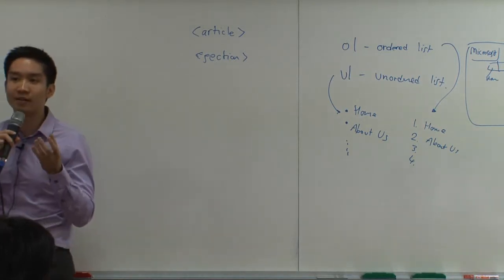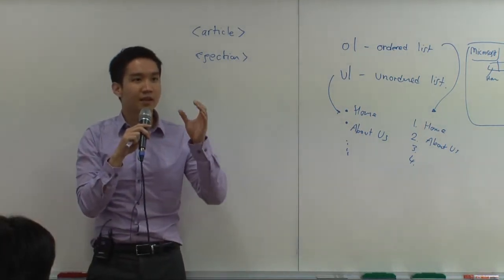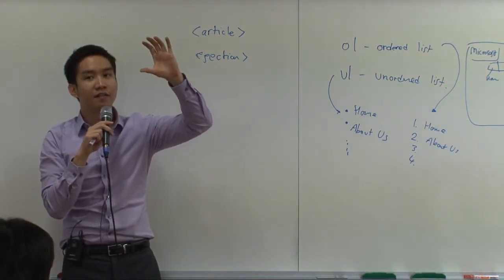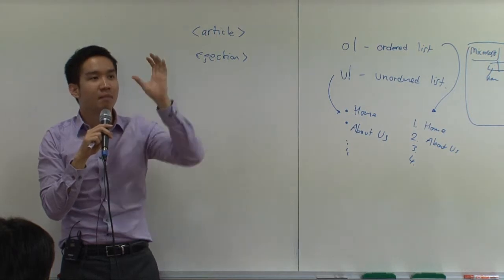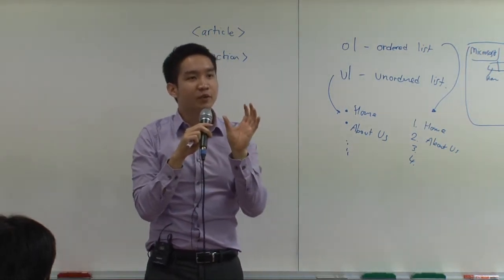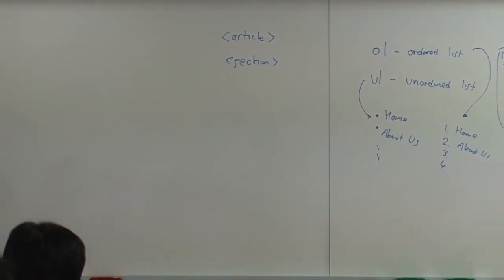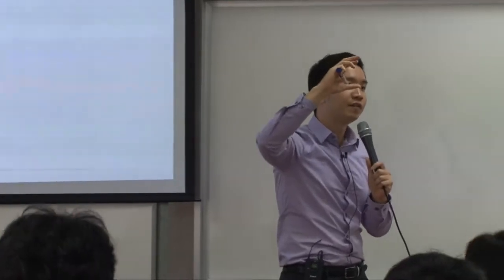Well, first let's talk about similarity. They are used to denote a block of content. But the difference between them is that the content within the article tag, by itself, represents complete information.